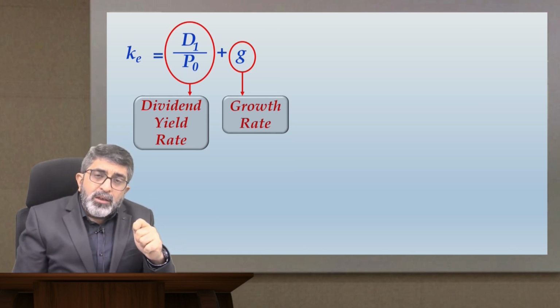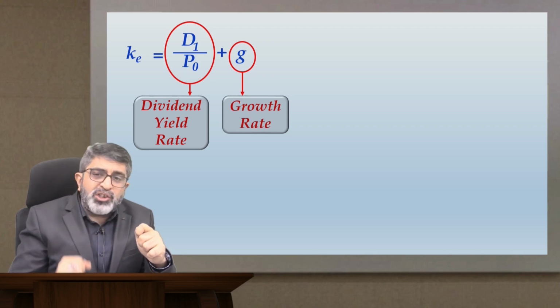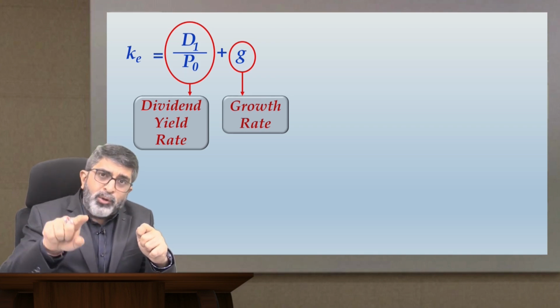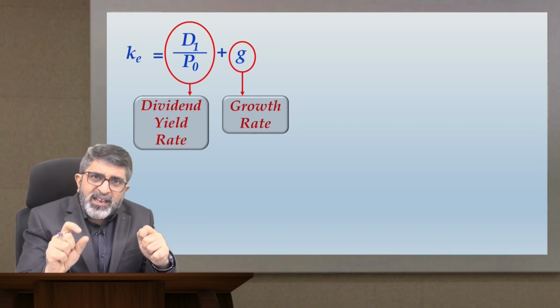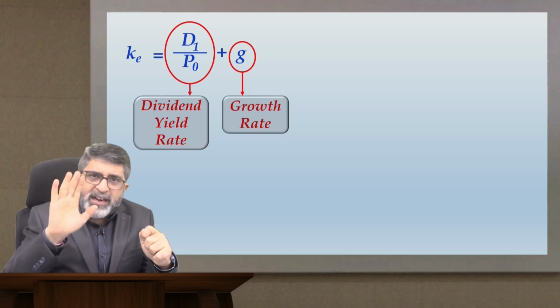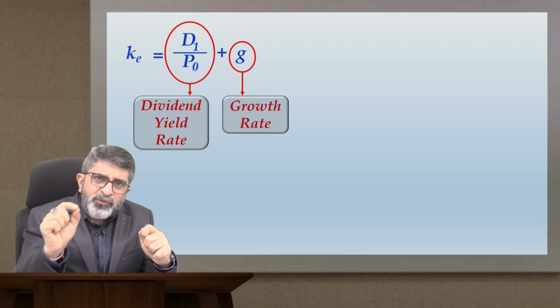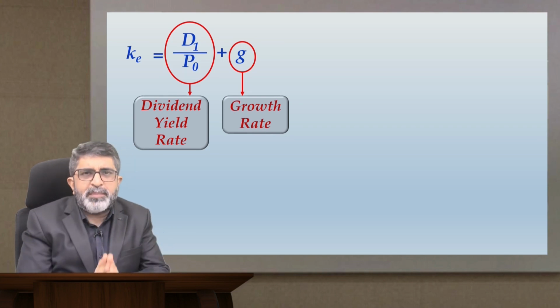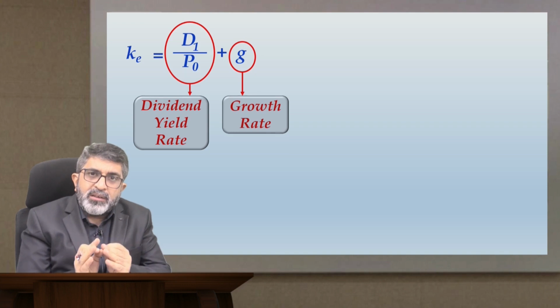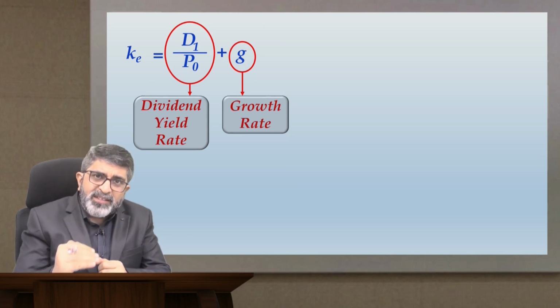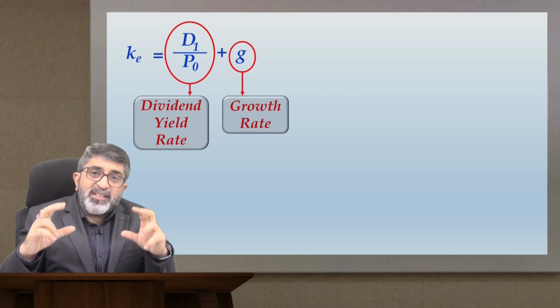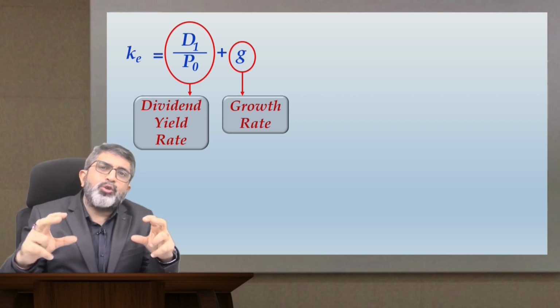Actually, the growth rate mentioned as G here is also a ratio, correct? Just some time back I explained that G is basically P1 minus P0 divided by P0. So if G is P1 minus P0 divided by P0, it is also a ratio which indicates the growth rate. Now, do you notice one thing, that here K equals D1 by P0 plus G. It is the aggregate of the dividend yield rate and growth rate.